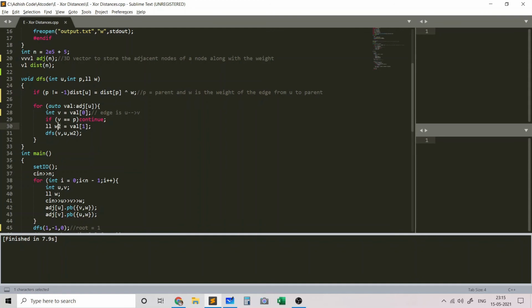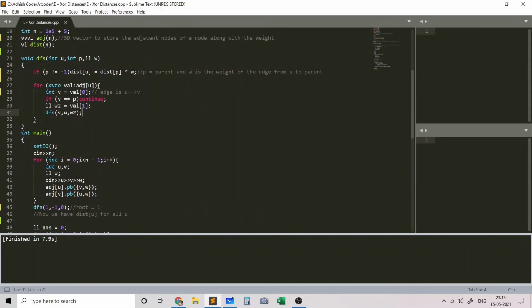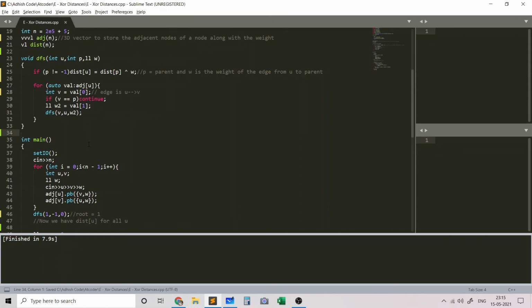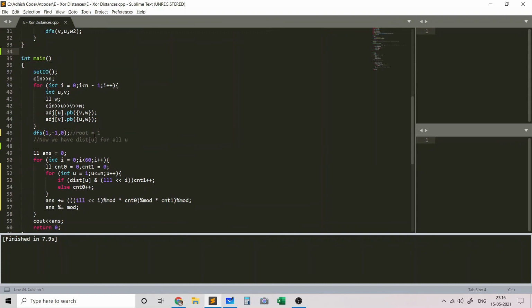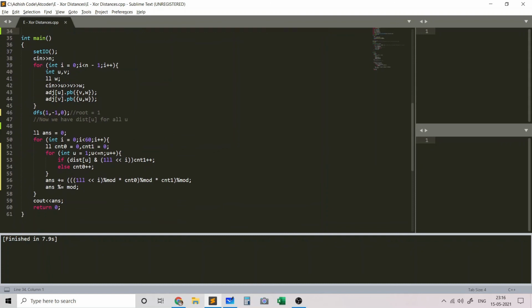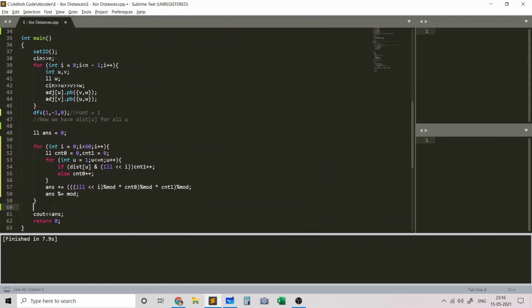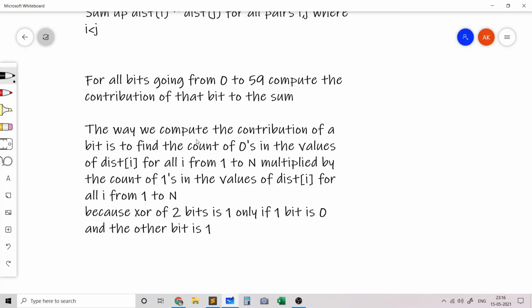Otherwise we would compute w2 to be the weight of the edge from u to v, and we would do a DFS on the child v with the parent u and the weight of the edge from u to v equal to w2. So this DFS basically computes the distance of u for all u, where the distance is the XOR from root to that node.